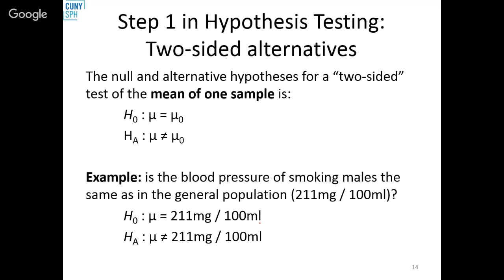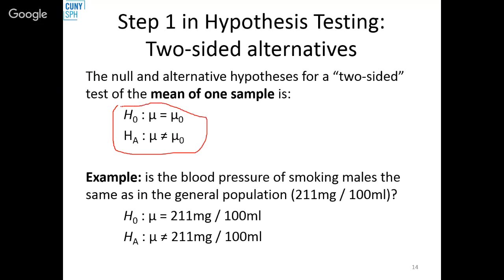So I will talk about two-sided and one-sided alternatives. A two-sided alternative means that your alternative allows for the possibility of the mean being greater than the null mean or less than the null mean. Written out as a formula, it is like this.